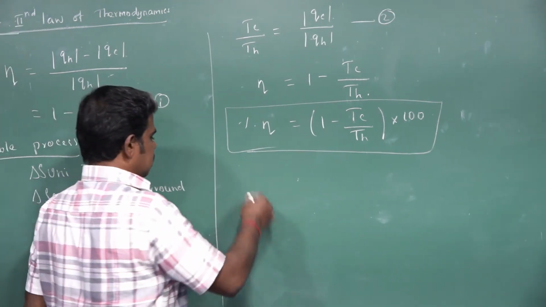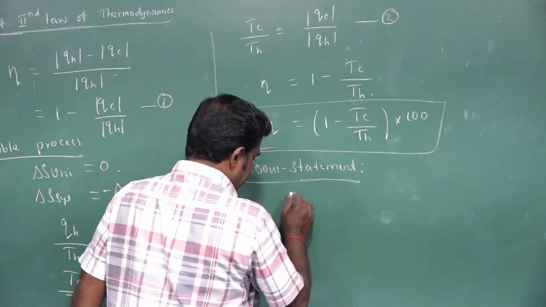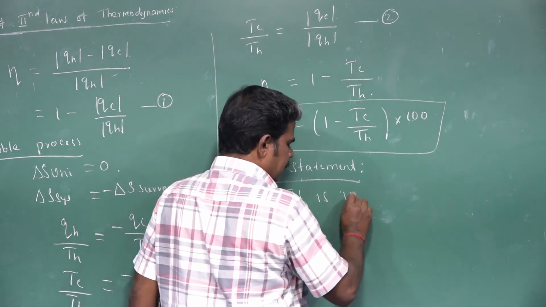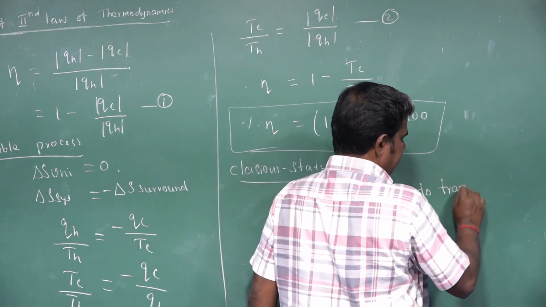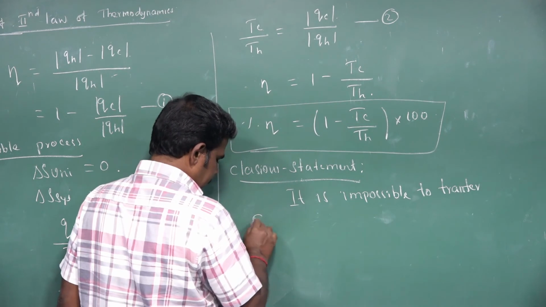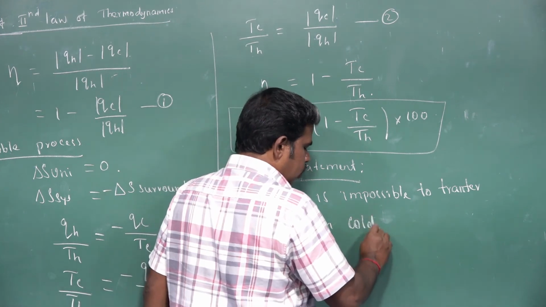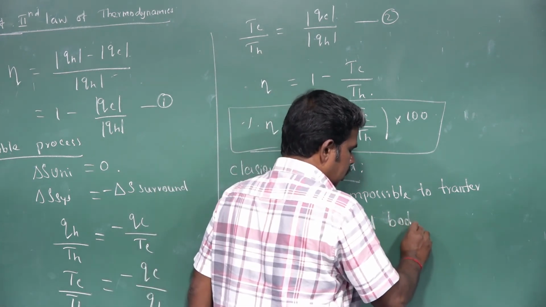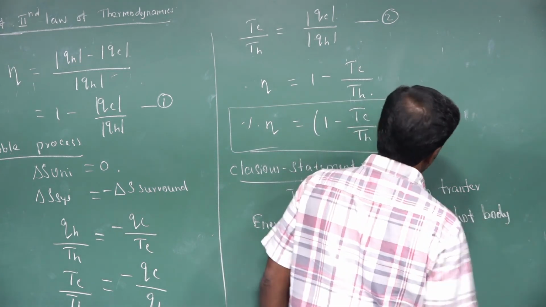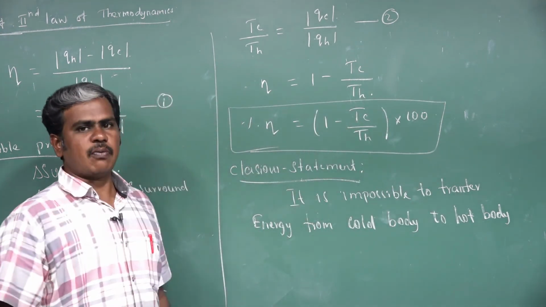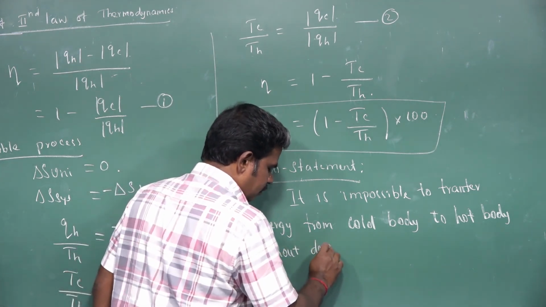And the next statement, a Clausius statement, is nothing but: it is impossible to transfer energy from a cold body or cold reservoir to a hot body or hot reservoir without doing some work.